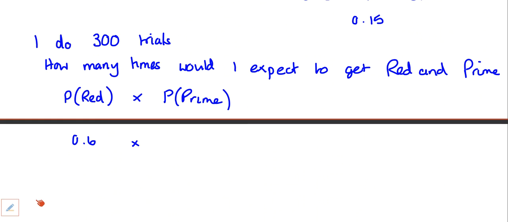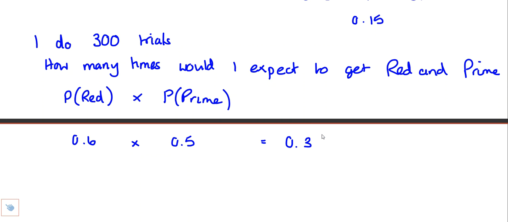So probability of getting prime is 0.5. And then you get 0.3. So that's for one trial. So the probability of red and prime is 0.3.